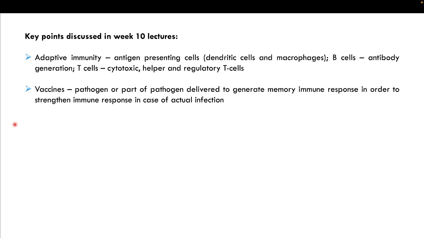So later on, when you get the actual infection, your body remembers that it has already encountered this particular antigen and knows how to fight against it. So it launches a very strong immune response against that pathogen, killing it. This is why vaccines are very effective in preventing a severe infection from a particular pathogen. That's the whole point of vaccines.